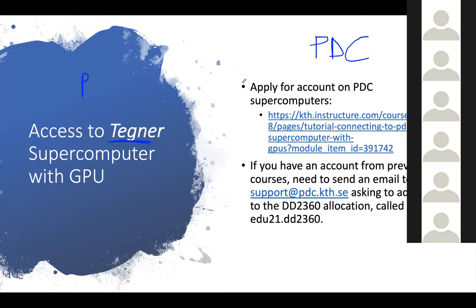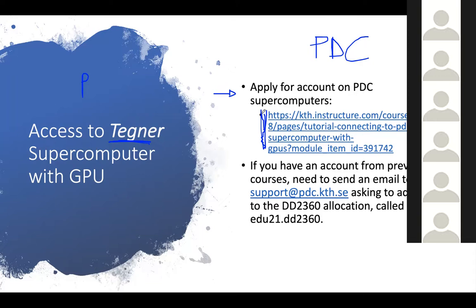So you will need to apply for an account on the PDC supercomputer. On Canvas, I posted instructions on how to get access to the PDC. It's basically a form you need to fill and submit. Then the PDC will send you information with your account name and the password. So you will be able to log into the system.